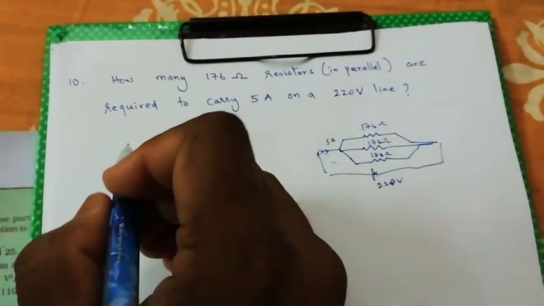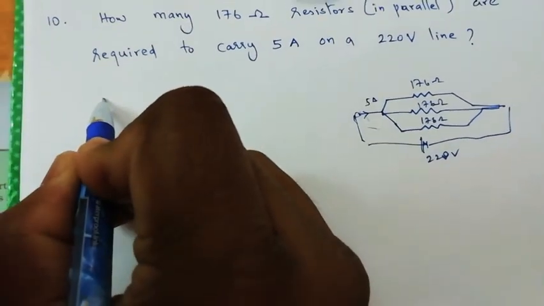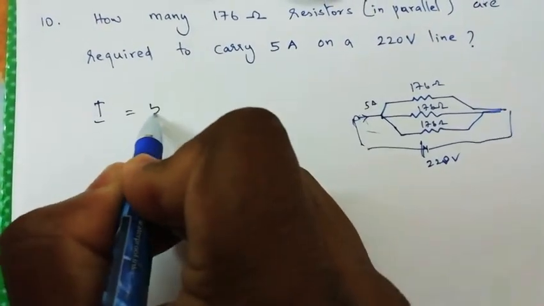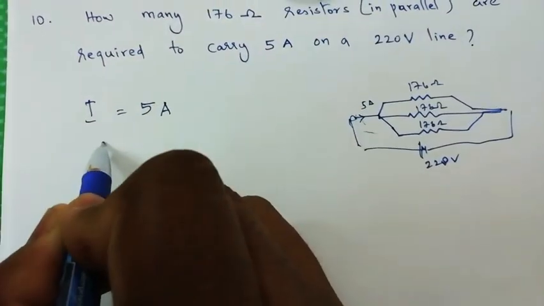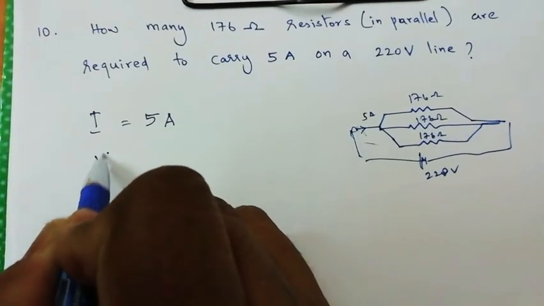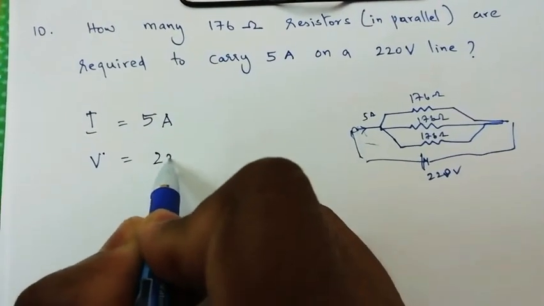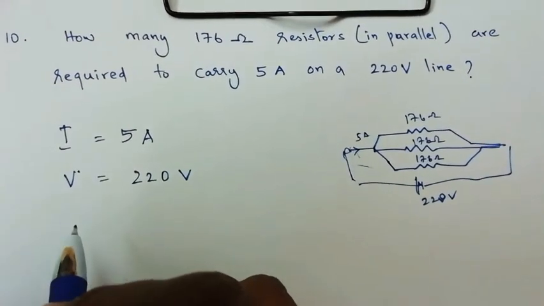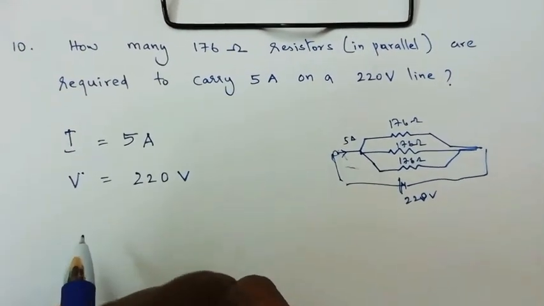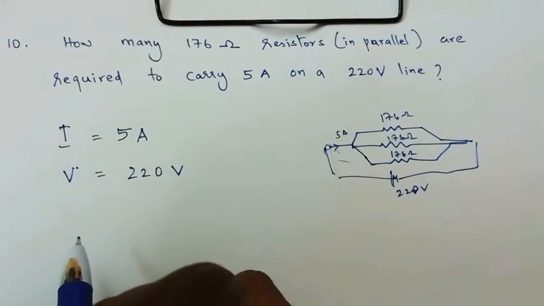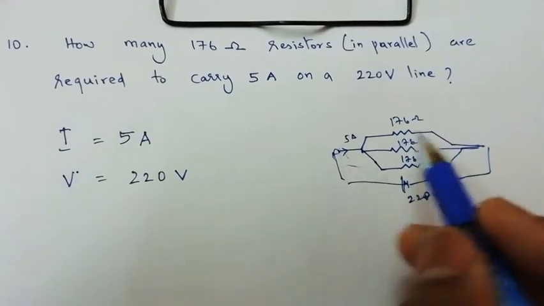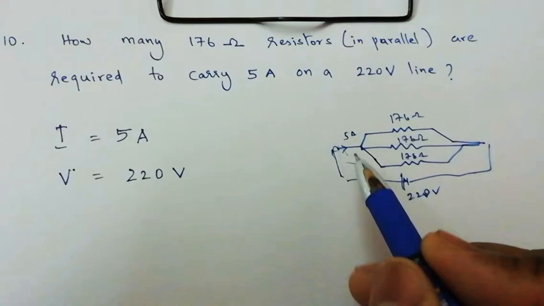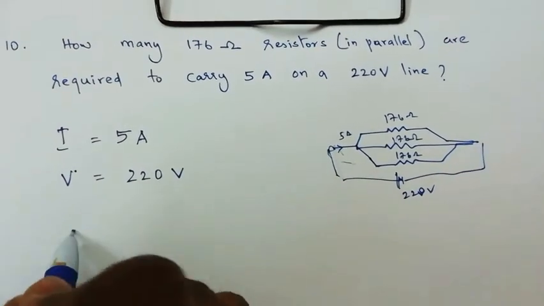So what are the things given here? We are given that the current is 5 amperes and the potential difference is 220 volt. Using this, we try to find the equivalent resistance of the complete circuit.